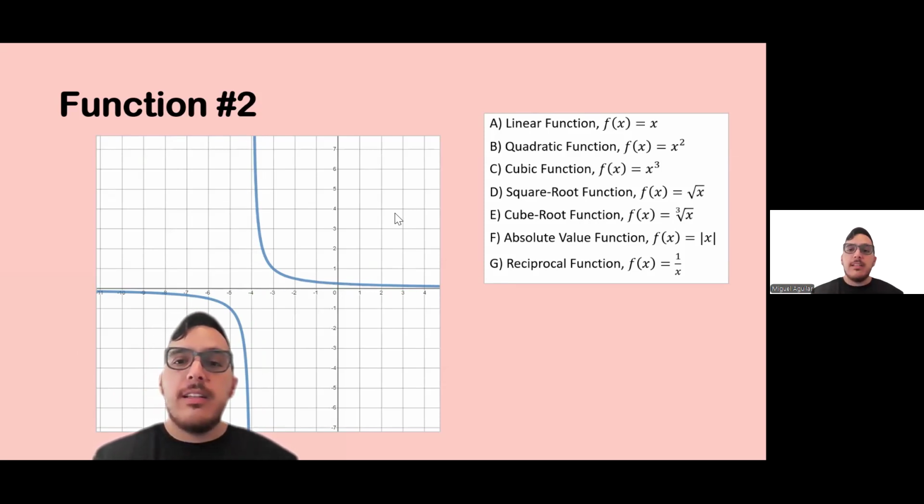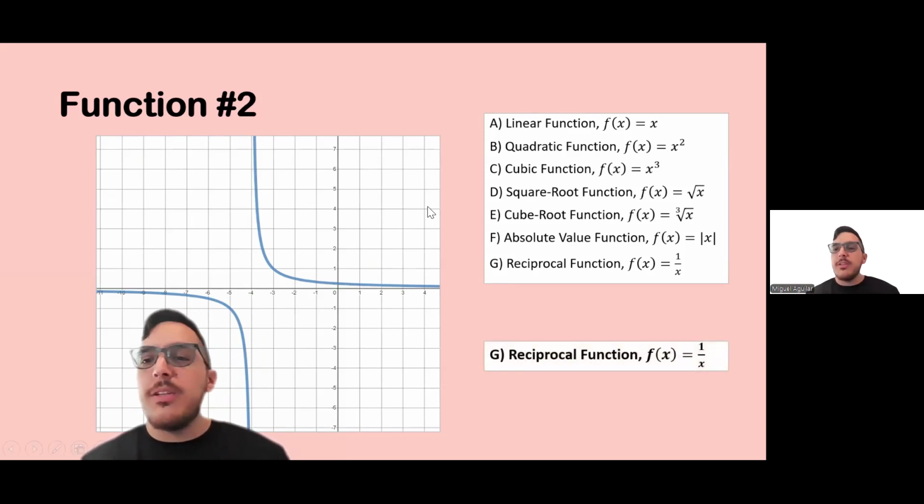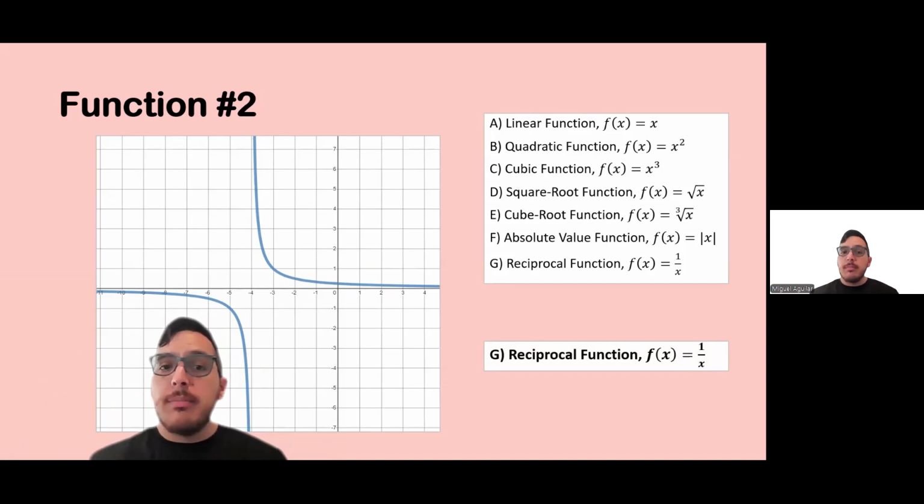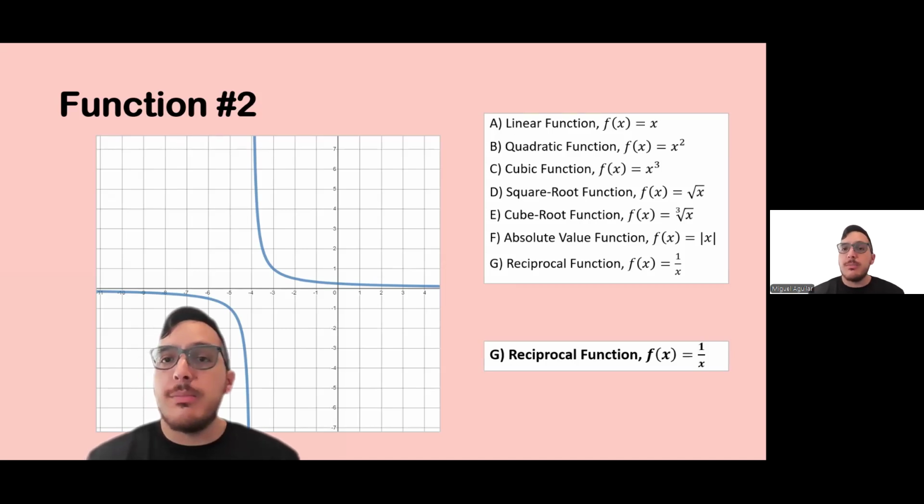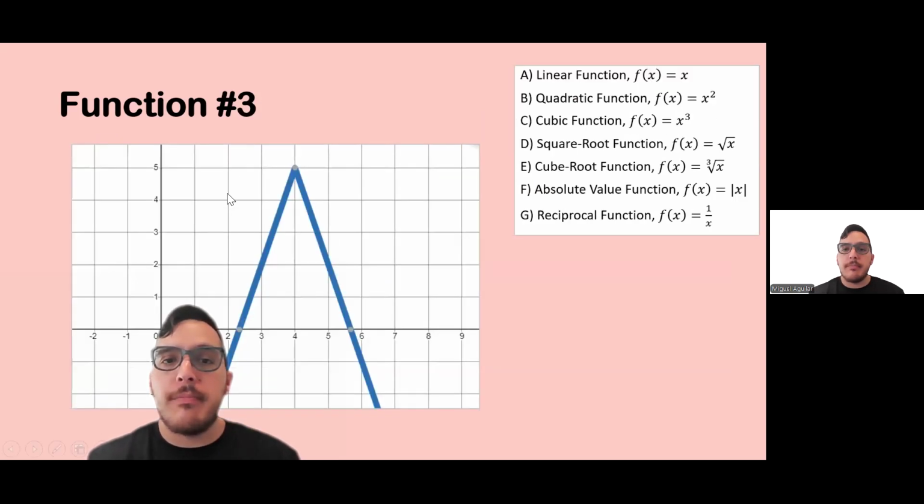Well, that's the last function that we looked at, the reciprocal function, 1 over x. Okay, so if I have any graph that looks like that, that's broken up into multiple parts, and it kind of looks swirly, like a vortex with that gap in the middle, then that's going to be a reciprocal function, or it comes from a reciprocal function.